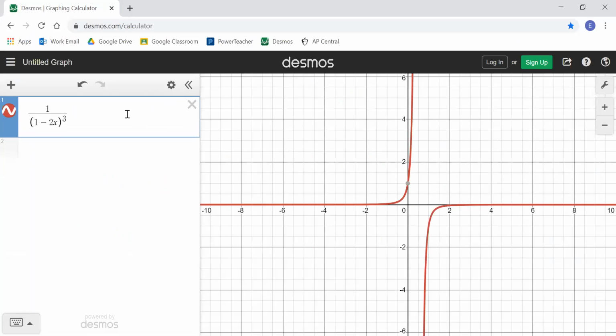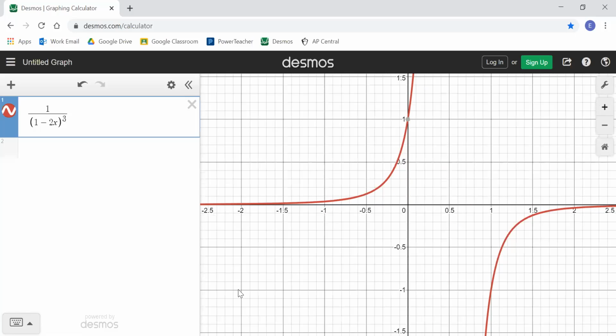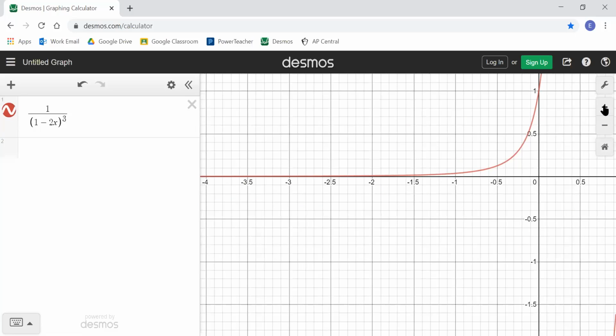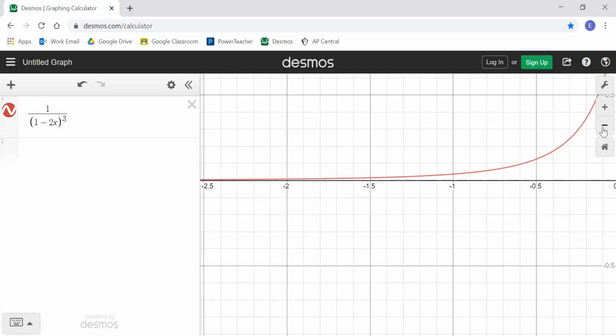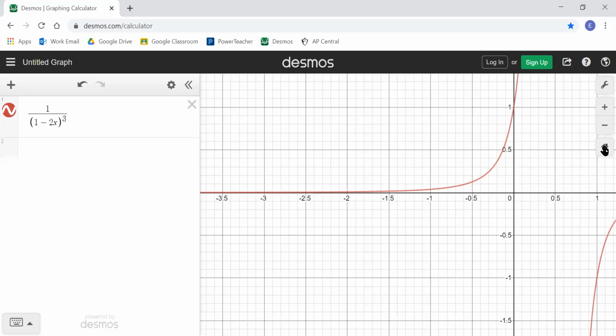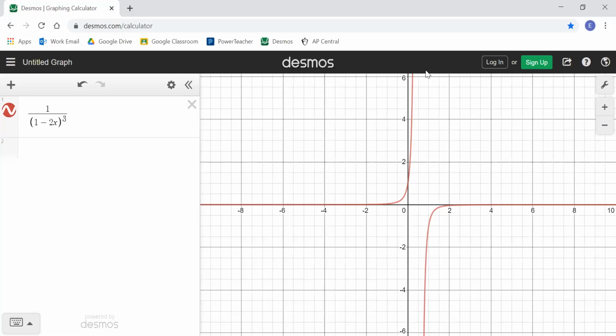So here's the graph, 1 over (1 minus 2x) to the third. Clearly, it's got that asymptote at x equals 1/2. So we're good there with that value of 1/2. And if we look at the slopes, well, yeah, it sure is not increasing very rapidly, but especially if we zoomed in a little bit, you'd see that it's increasing very slowly, but it's increasing. And then it starts to increase very rapidly, right? And these slopes are all positive on this piece of it.